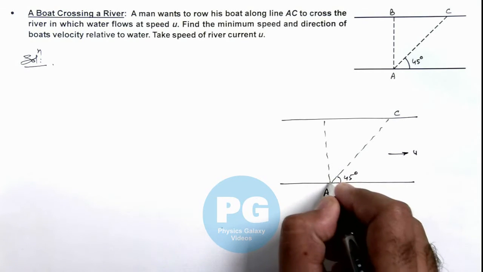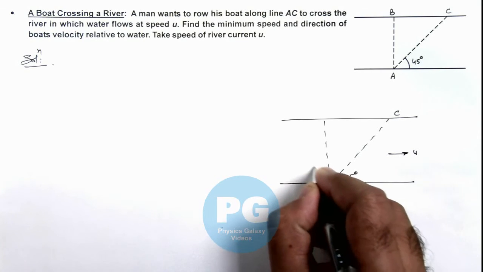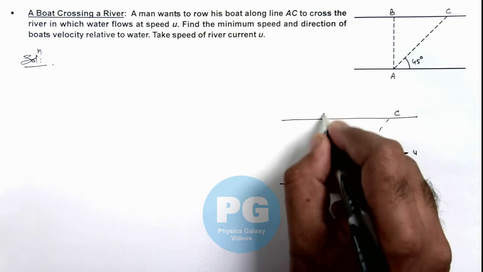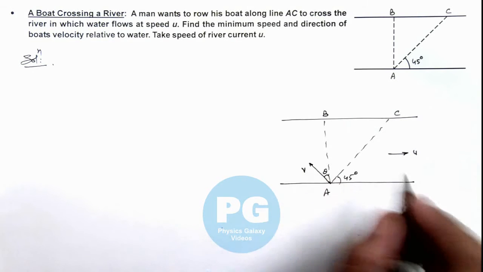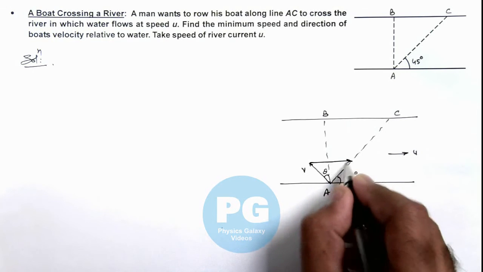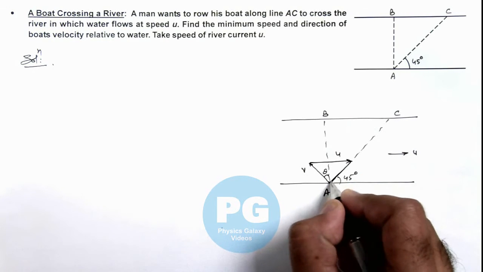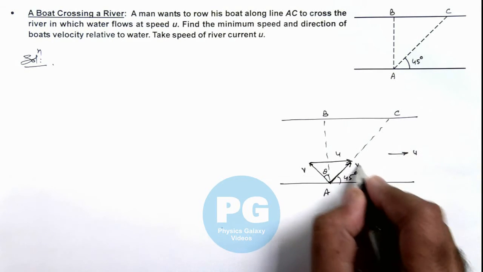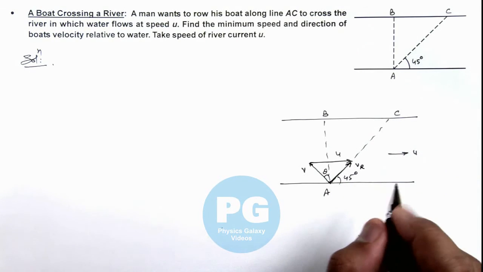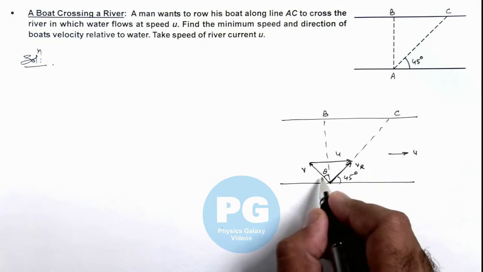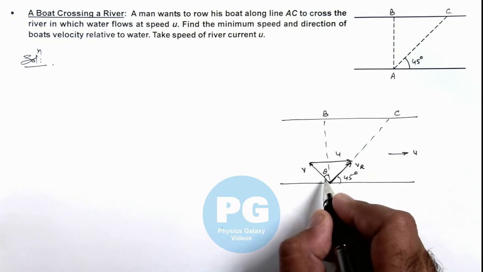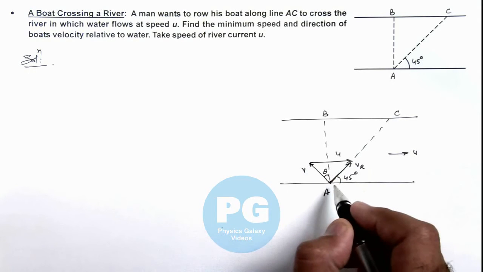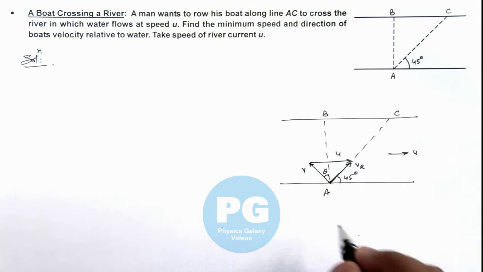Then he has to row his boat in a direction at an angle, say theta, to the line AB with speed v, such that when u is added to it, the resulting direction of boat velocity would be along line AC. So this is the resulting velocity. Now we are required to find the value of this angle theta at which this boat velocity is minimum and he'll be able to cross the river along line AC.